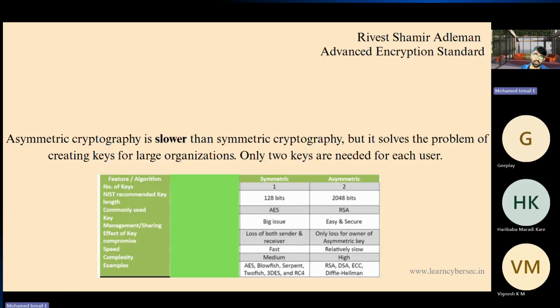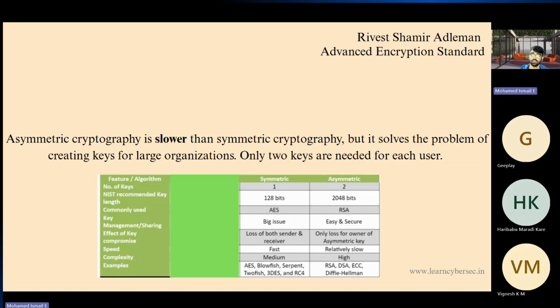This RSA algorithm is suitable for asymmetric. If there is a question about which protocol or algorithm you would use to implement asymmetric, you must choose RSA. If there is a question about a symmetric algorithm, you must choose AES.